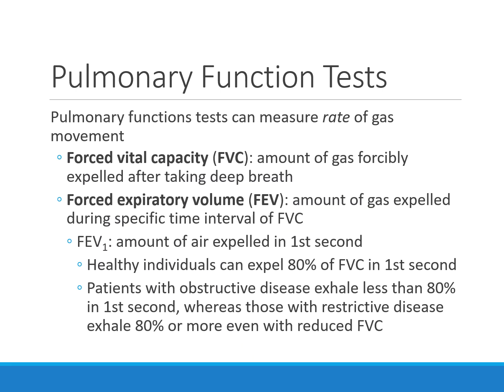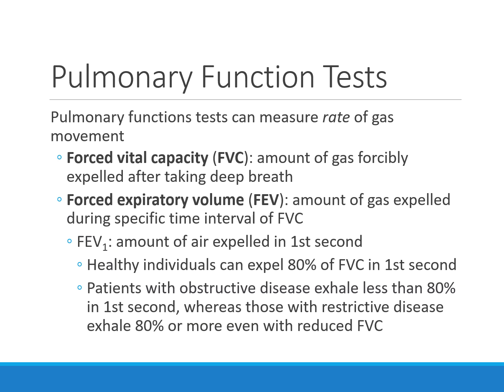Pulmonary tests can also measure the rate of gas movement. Forced vital capacity, or FVC, is the amount of gas that's forcibly expelled after taking a deep breath, and forced expiratory volume, or FEV, is the amount of gas that's expelled during a specific time period of the FVC. Typically, you're measuring the amount of air that's expelled in the first second.